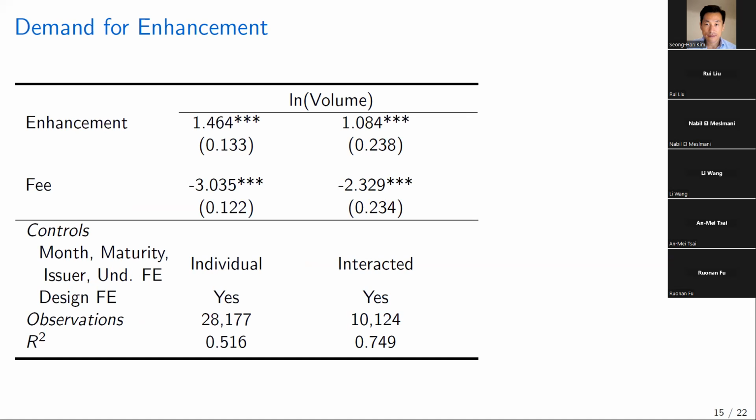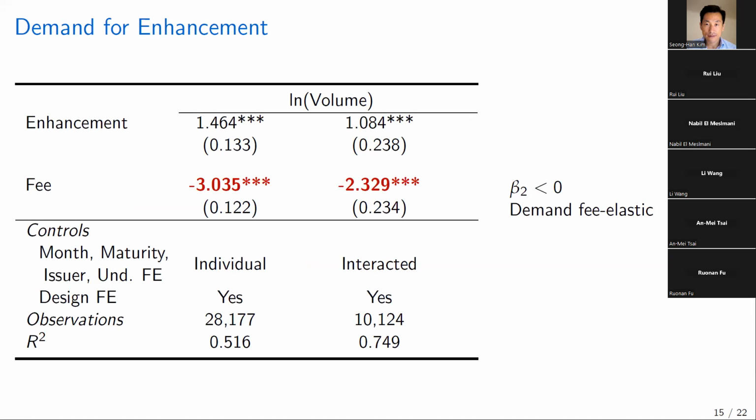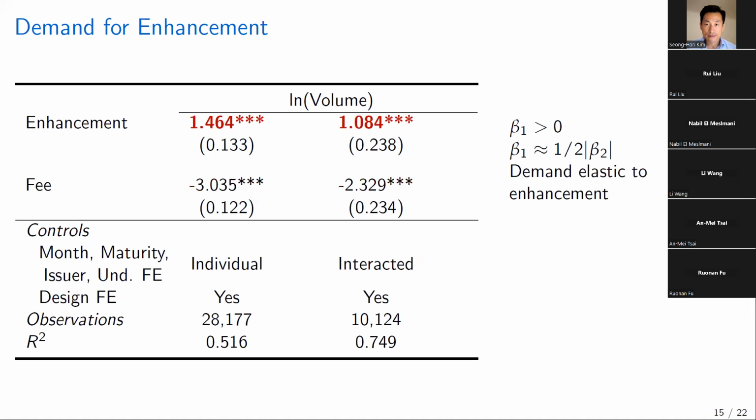Okay, so that I manage to show you the falsification test in the 17 minutes I have. Let me walk you through the estimation. So again, when it comes to the coefficient on fees, I do find that demand is fee elastic, so the coefficient is negative. So the higher the embedded fee, the lower is the issuance volume of the security. On top of that, I find also statistically significant sensitivity with respect to enhancement.